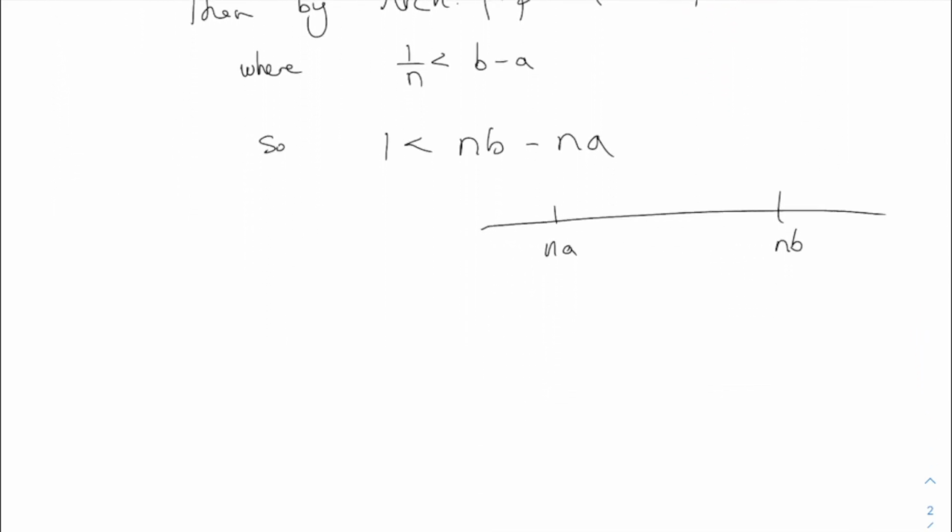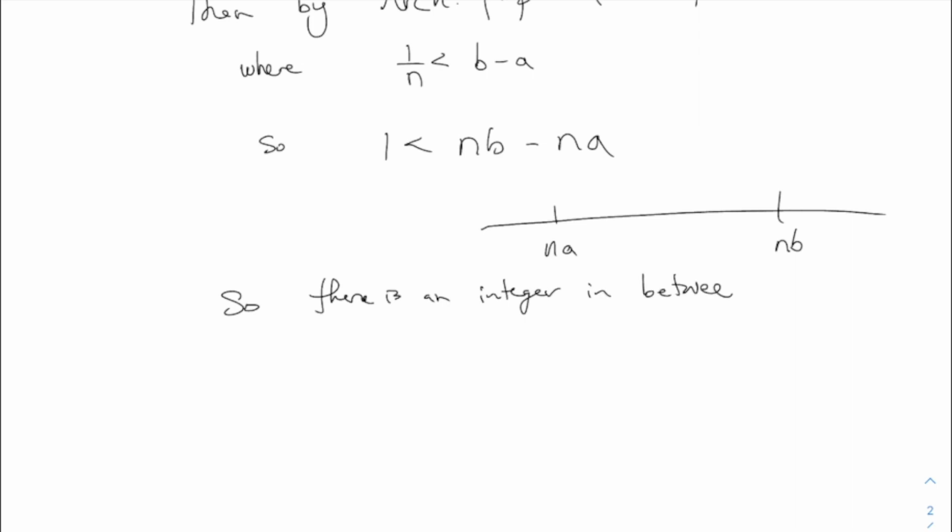What I'm saying is, these two numbers now, they are no longer super close together. They are fairly far apart. Further than distance 1 apart, what that means is, there's an integer in between.